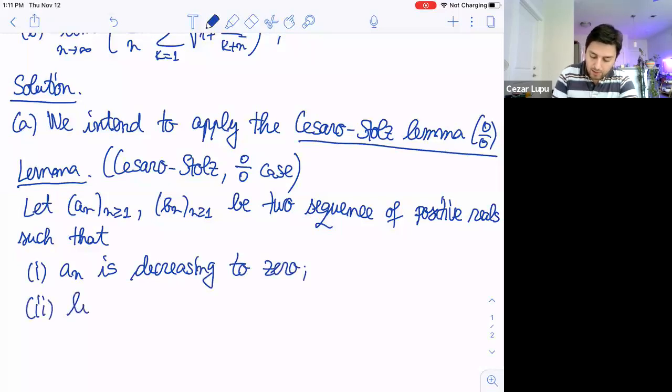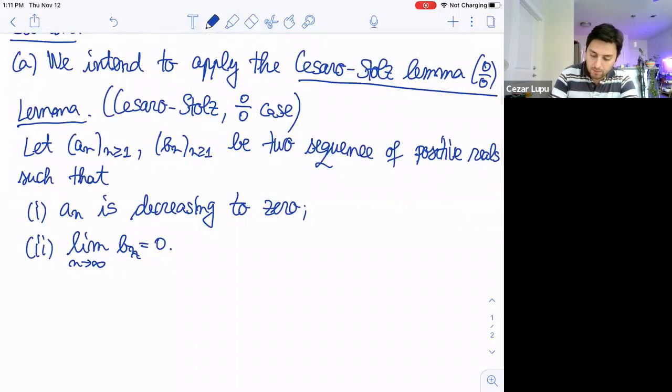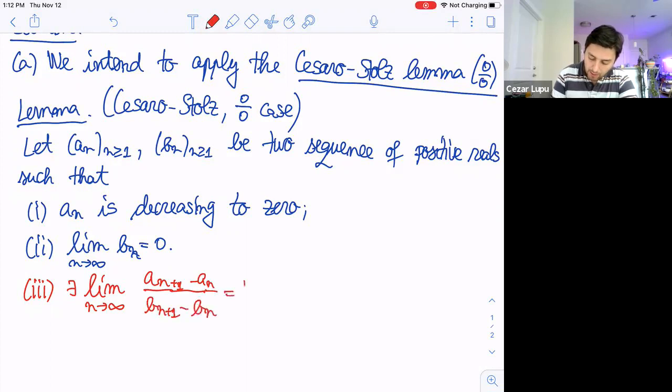Second condition, the limit as n approaches infinity of b_n is 0. And the third condition, just like in the infinity over infinity case, there exists the limit as n approaches infinity of (a_{n+1} minus a_n) over (b_{n+1} minus b_n) equal to L, and this is a number in the extended reals.